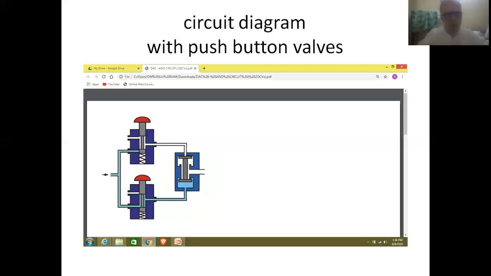So the construction, working and arrangement of both these valves are one and the same.